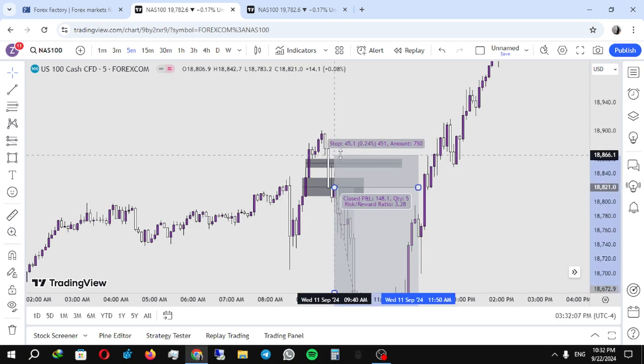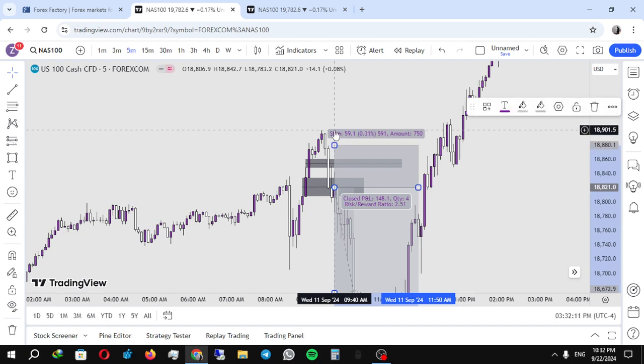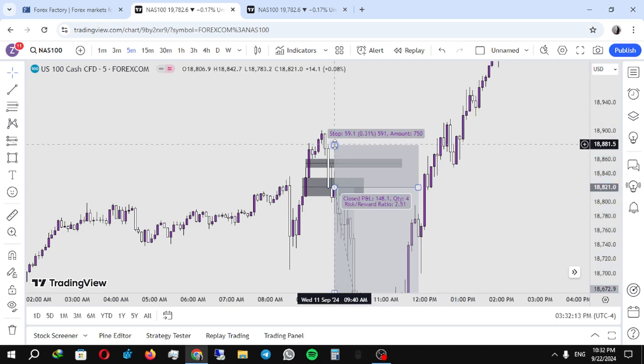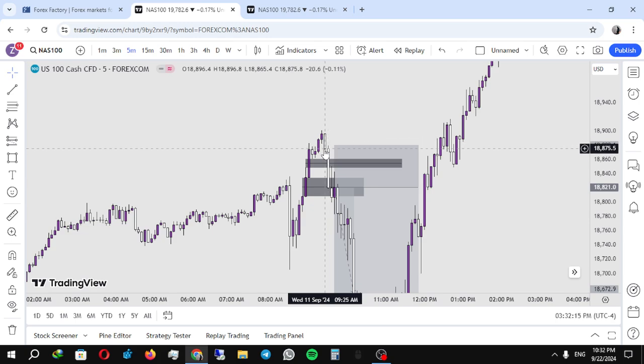For more safety, you can put your stop at a maximum spot right here at this fair value gap, the second candle of the fair value gap between 9:25 and 9:35.